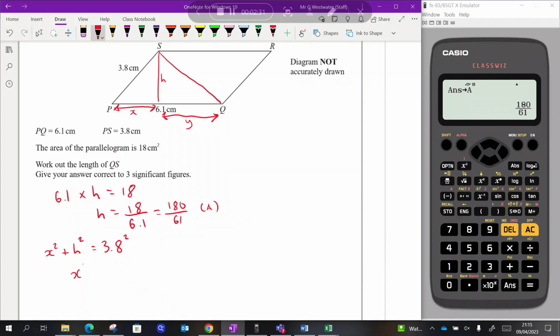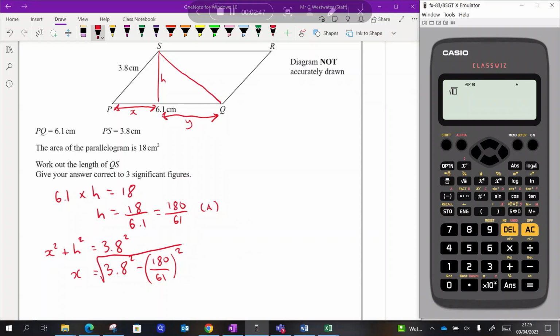So x squared will equal 3.8 squared minus h squared, this 180 over 61 squared, and therefore x will just be the square root of all of that. So let's just type that in straight away. The square root of 3.8 squared minus, and I stored this under A, squared, and we've got 2.39 something.